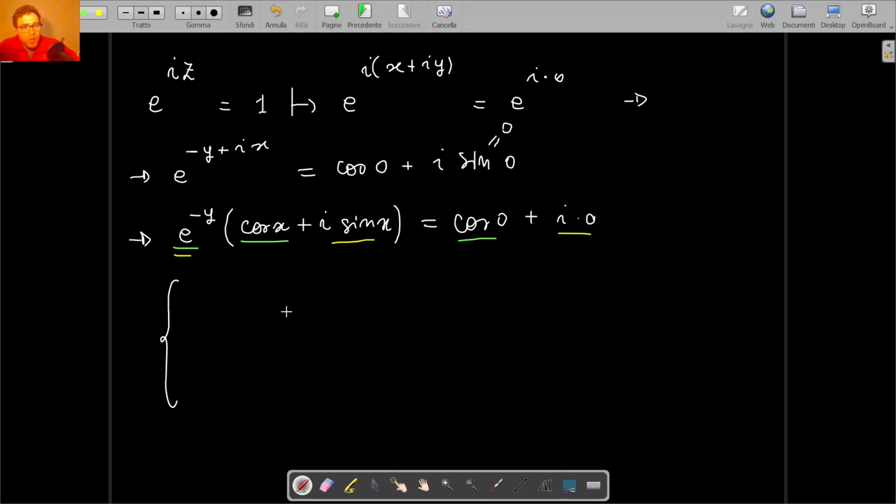So we have e raised to minus y cosine of x is equal to cosine of 0, which is actually equal to 1, while the other equation reads e raised to minus y sine of x must be equal to 0.